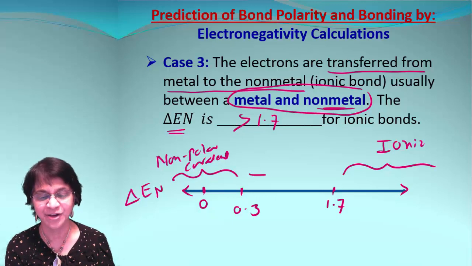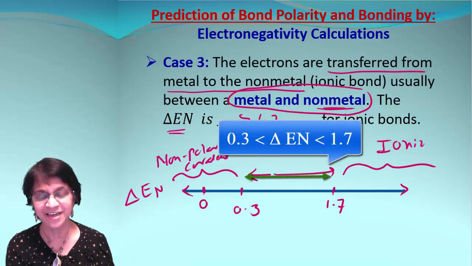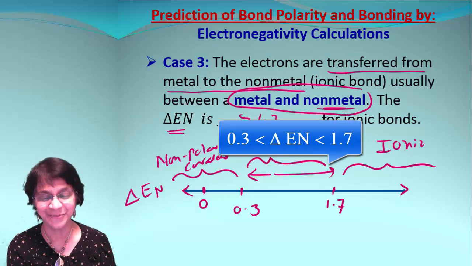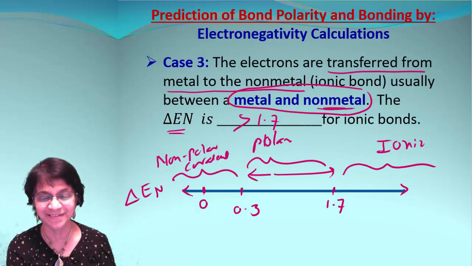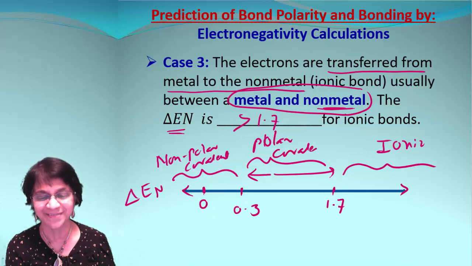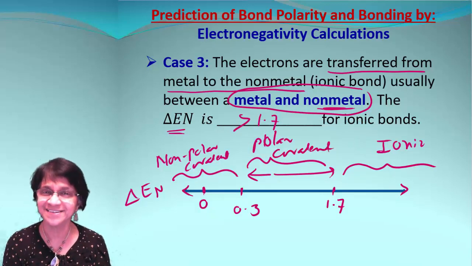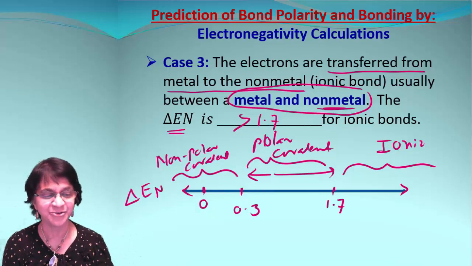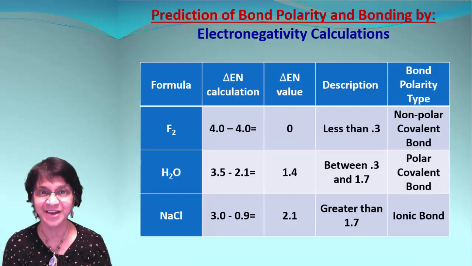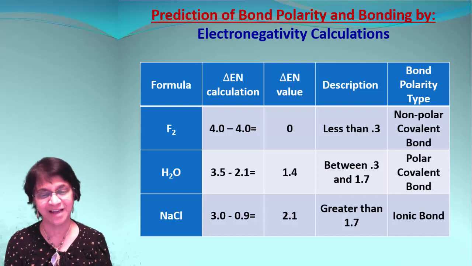And if your value is anywhere between 0.3 and 1.7, then what do we get? That's the one where we get a polar covalent compound. So that just makes it easier to remember how to relate delta EN values with the bond polarity.